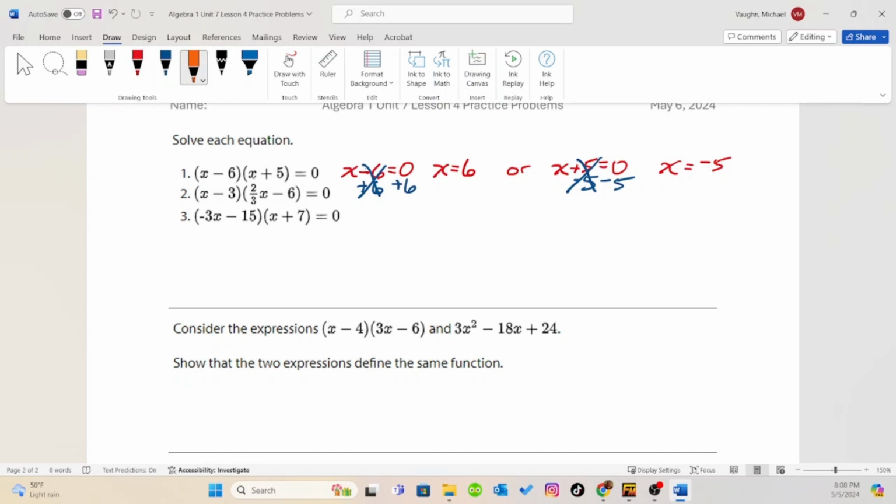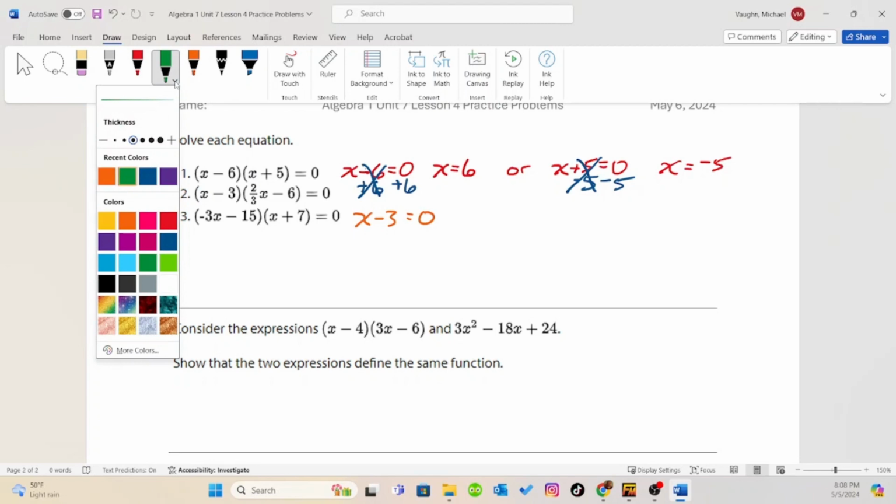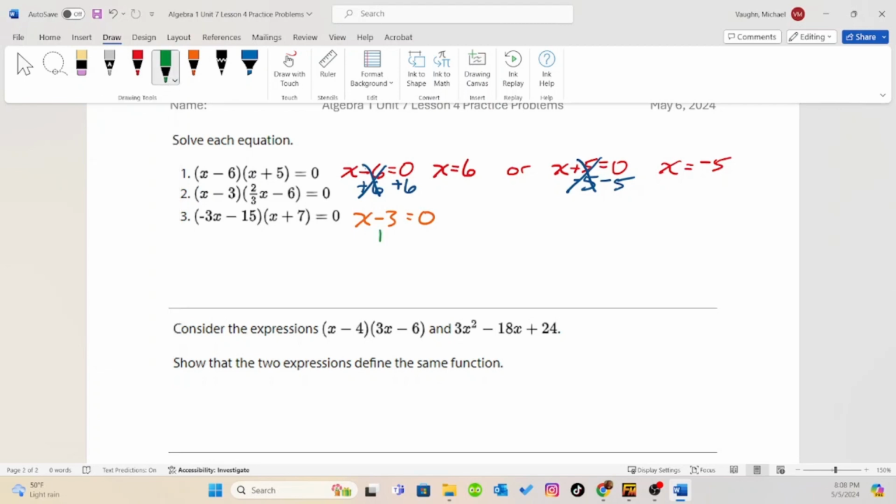For number 2, we have x minus 3 equals 0. We will add 3 to both sides to eliminate it from the left, and we'll get x equals 3. Or we have 2/3 x minus 6 equals 0.